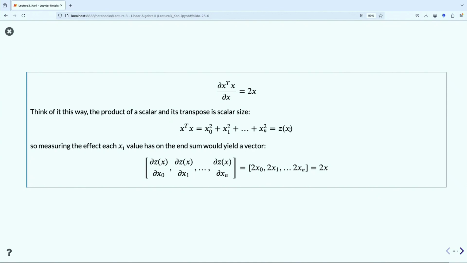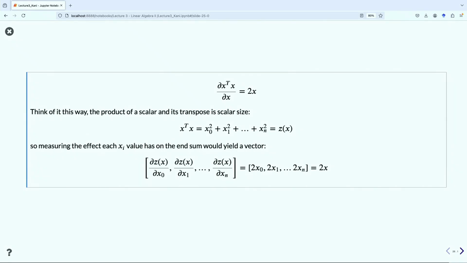So we want to measure the derivative. When we take the derivative of that whole thing, we want to measure the effect each x value has on the end sum. Every time we change x0 a little bit, we want to measure the effect it has on this whole sum.